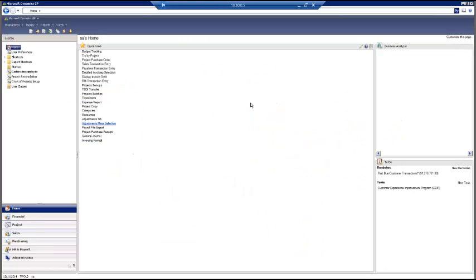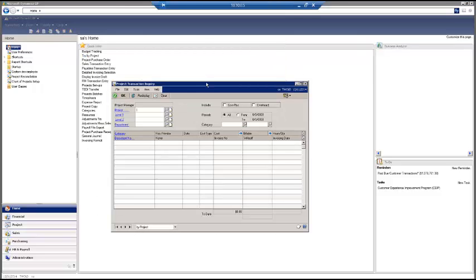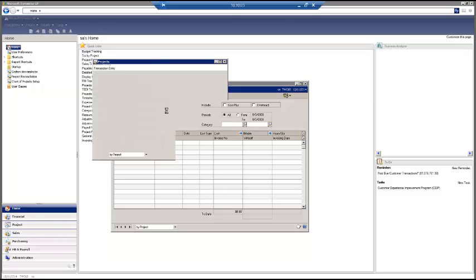Now we're going to look at our project transactions and how those transactions flow into our system via timesheets, expense reports, payables, receivables, and we'll also look a little bit at how those projects are being created.